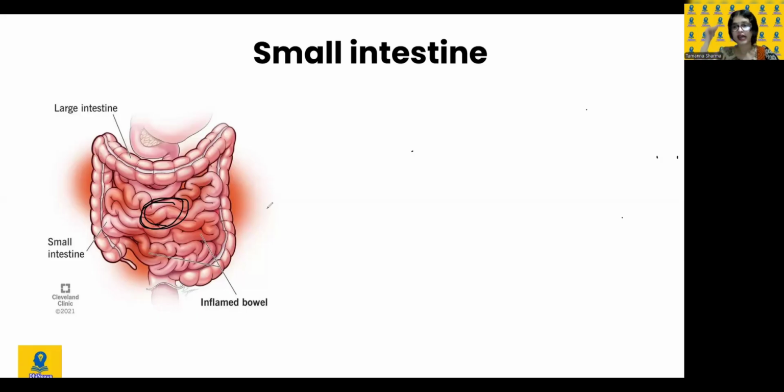In your mouth it was digested a little, broken down from starch to simple sugar. Then through your esophagus it went to your stomach, where it was digested with the help of hydrochloric acid and pepsin. Now when the food comes from the stomach to the small intestine, it will be completely digested. So this is the site of complete digestion.